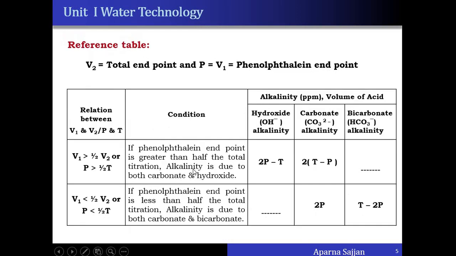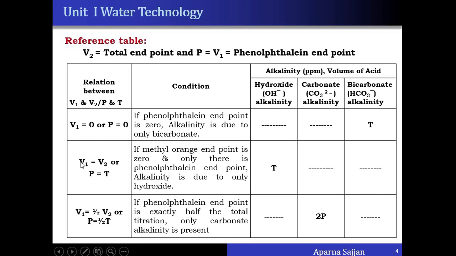In the second case, if phenolphthalein endpoint is the total endpoint, means methyl orange endpoint is 0. In that case, the alkalinity is only due to hydroxides. And whatever the total volume of acid is there, that total volume is used for the calculation of hydroxide alkalinity.